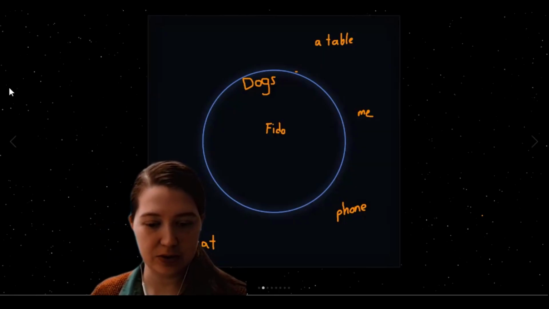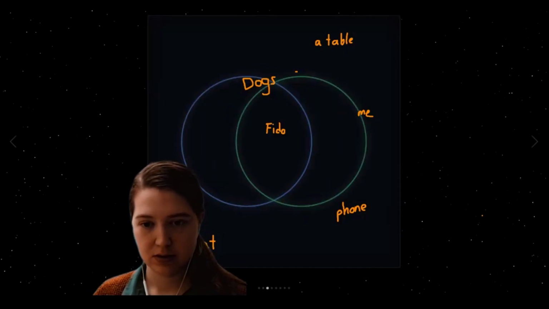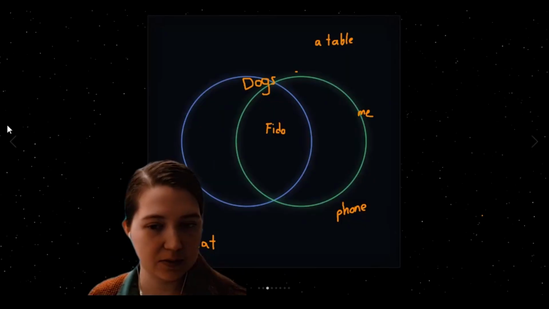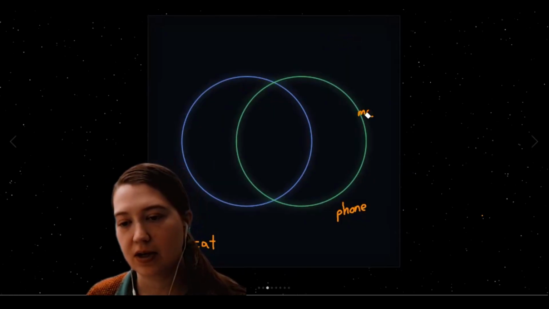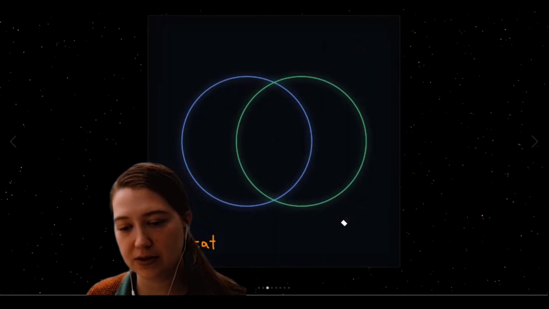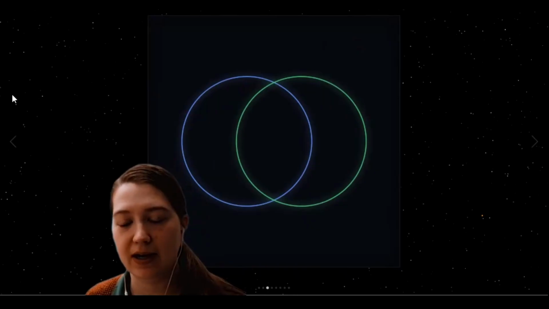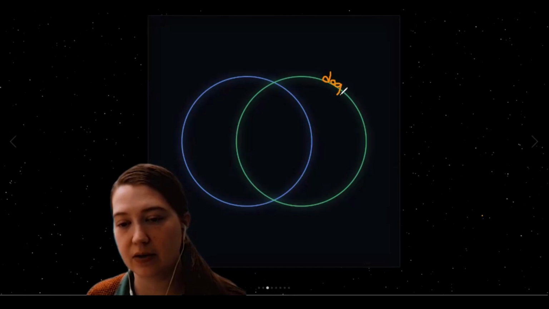So let's go to the next one. What if I don't just want to divide my world up only into dogs? What if I have another category that I bring on board and I want to think about where everything now fits in my world of categories?